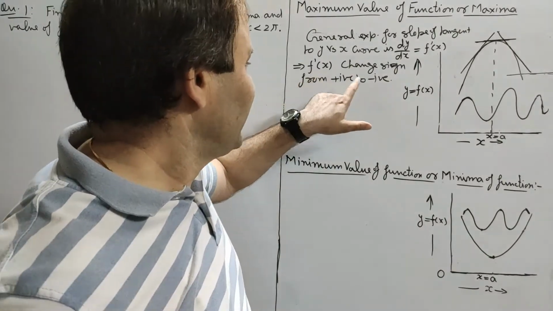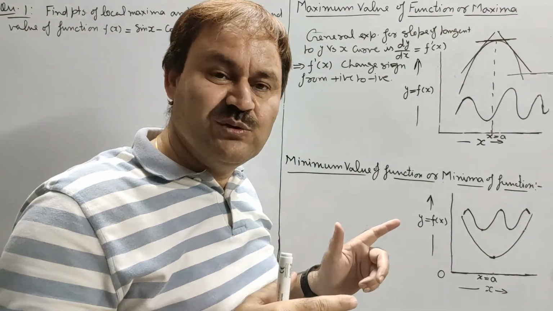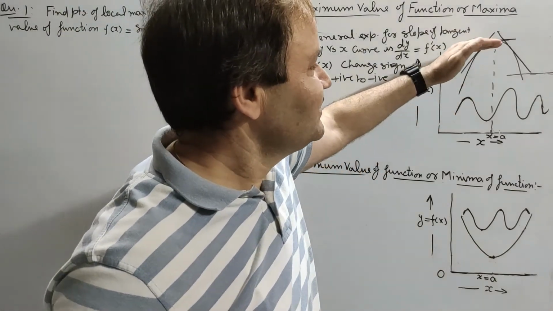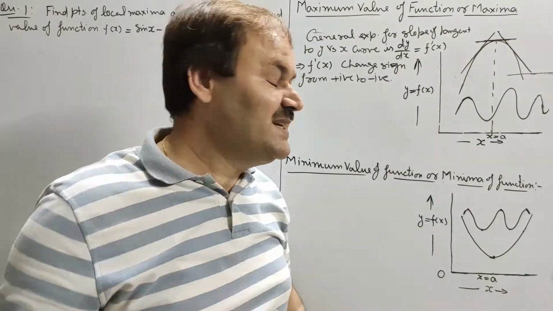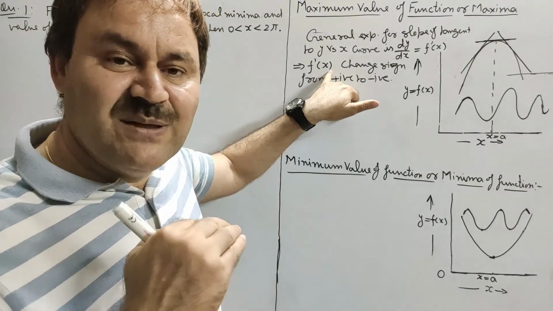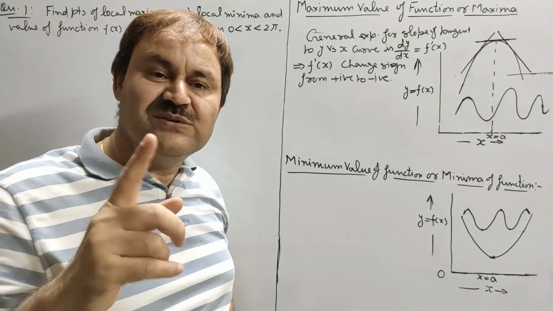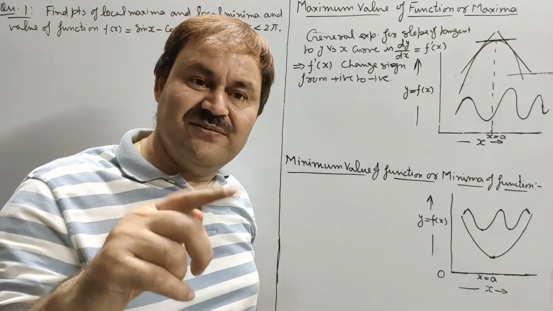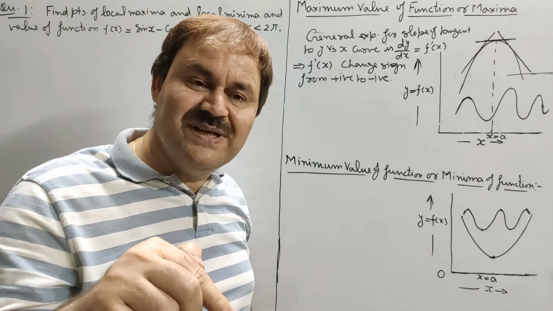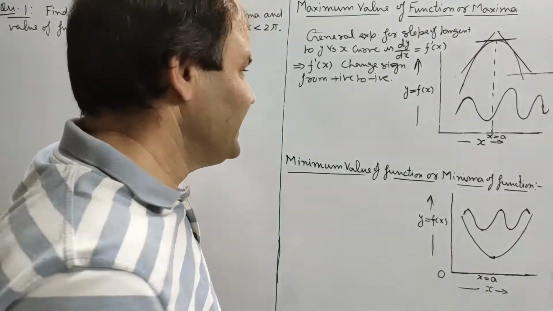Thus for a point of maxima, f dash x, that means the slope of the tangent to the y versus x curve, will change its sign from positive to negative. It means for a point of maxima f dash x will be continuously decreasing, and we know that if a function f x is decreasing, then its differentiation must be less than 0. It means its differentiation should be negative.